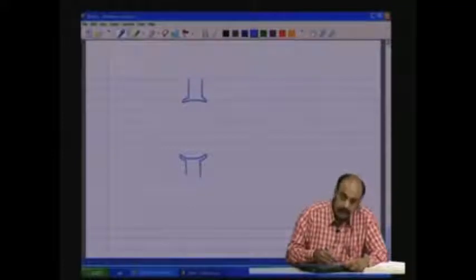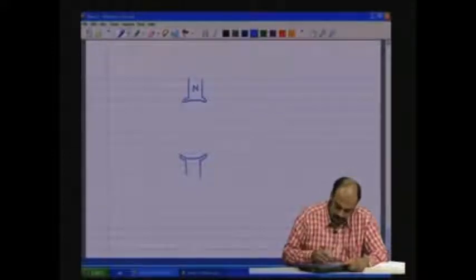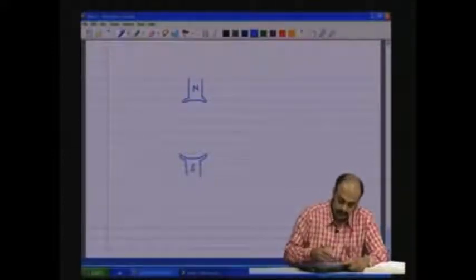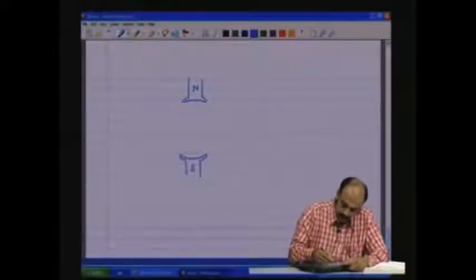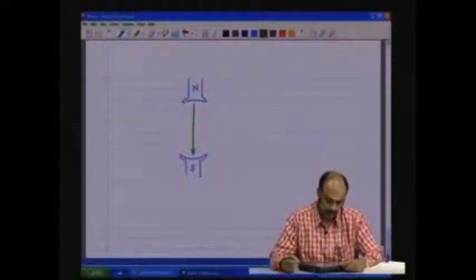Now, let us say if this is the north pole and this is the south pole, we are having a field direction which is like that, north to south.